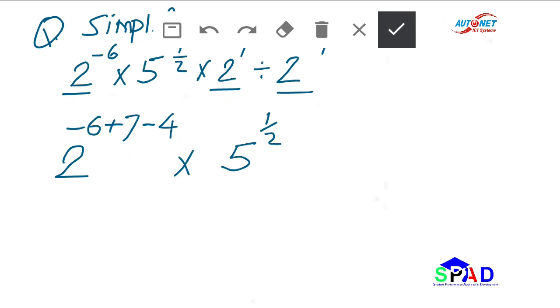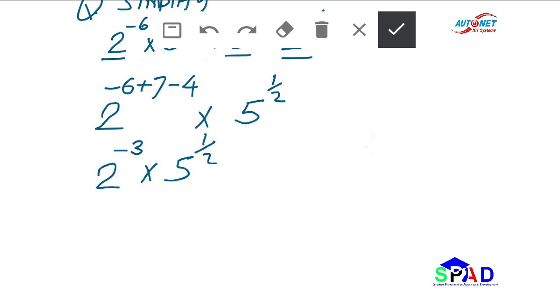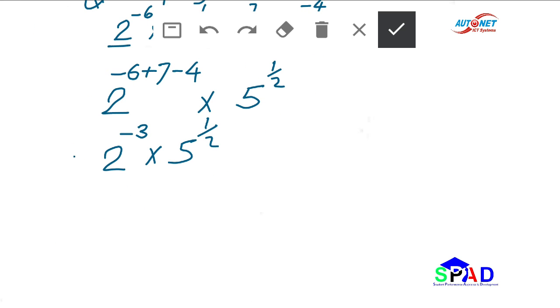So we can actually simplify the power: minus 6 plus 7 is 1, and 1 minus 4 is minus 3, so we shall end up with 2 to the power minus 3 times 5 to the power half. This can be simplified further. If the power is minus, you can just introduce 1 over, then you negate the power.